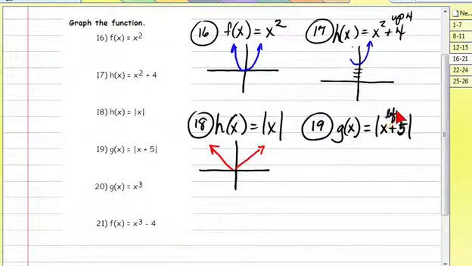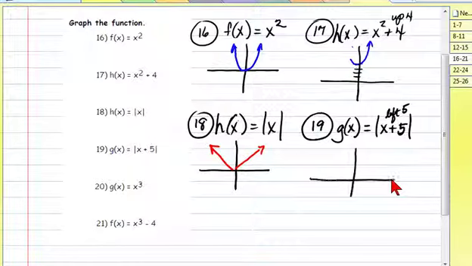So this one will go left 5. It will be an absolute value graph, left 5. So 1, 2, 3, 4, 5. The V will be shifted over here. I would imagine on your answer choices, you will see something shifted left, right, up, and down, and you'll have to pick the right one. Is that okay for 18 and 19?